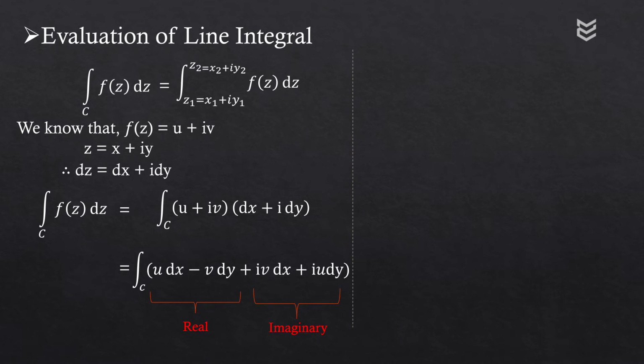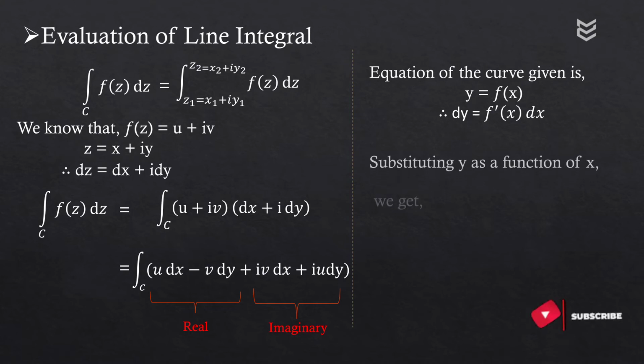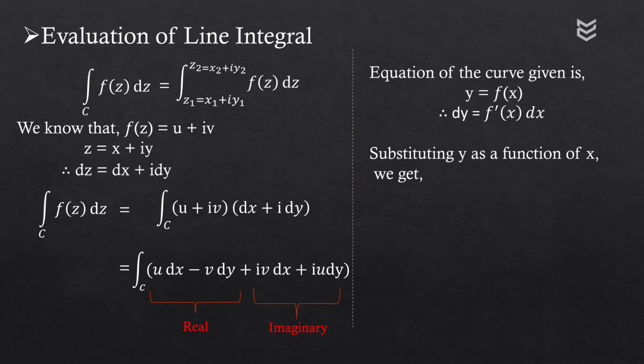In the previous diagram, the equation of the curve was y equals f of x. After differentiating y, we get f dash x dx. To evaluate further, we have to convert the full equation into either x or y. So, converting y as a function of x, we substitute the above values.